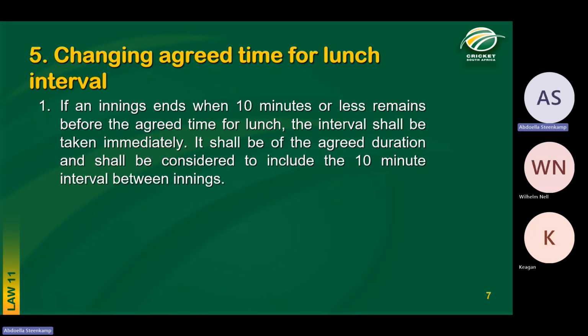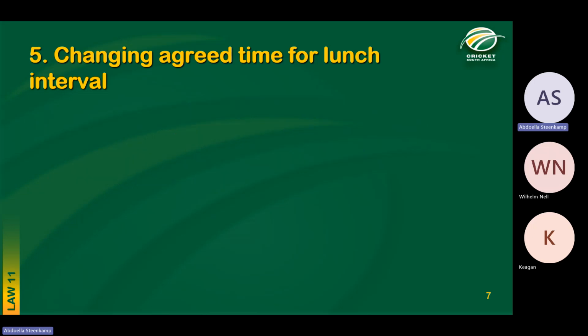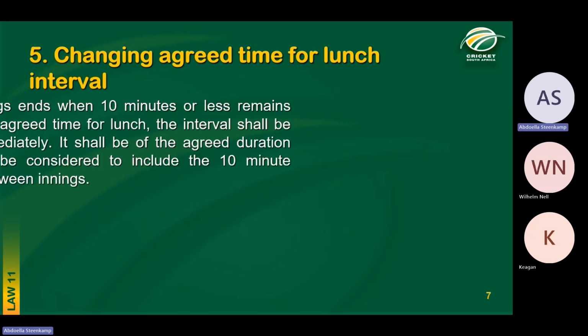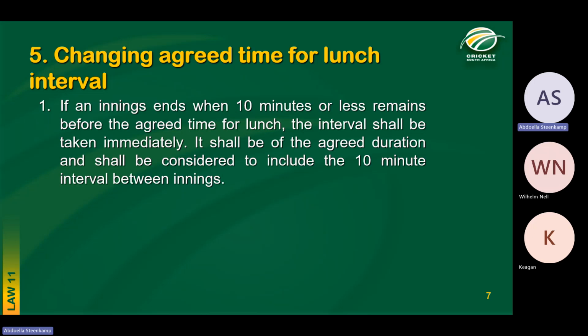To activate the universal clause, and I will go back to it now, playing time needs to be lost through adverse conditions: ground, weather, and light. Change of innings, and in your example, you're using a change of innings. This is not where you can start activating these clauses. The law allows you only when it comes to an innings coming to an end 10 minutes or less.